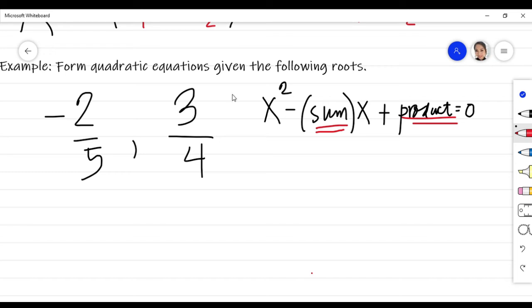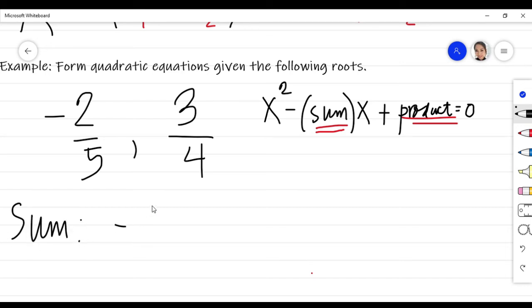Do not forget equals 0. Since the roots are fractions, it's easier for us if we find the sum first.